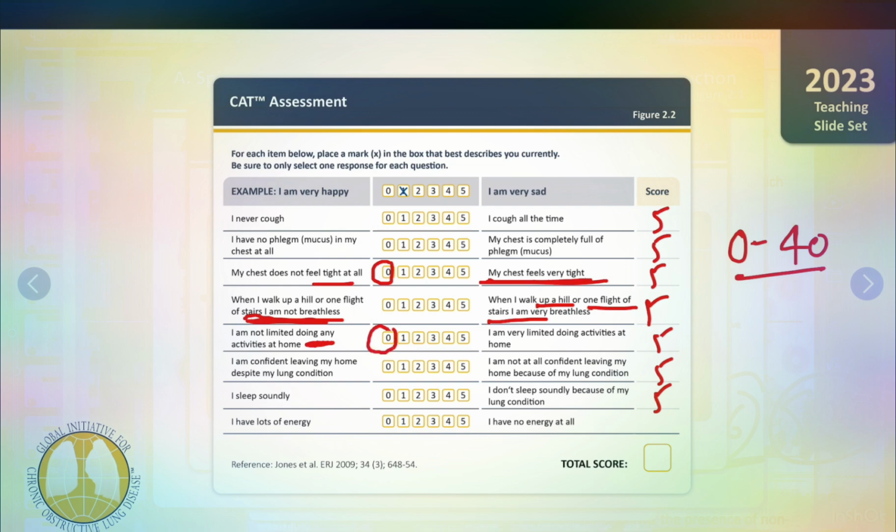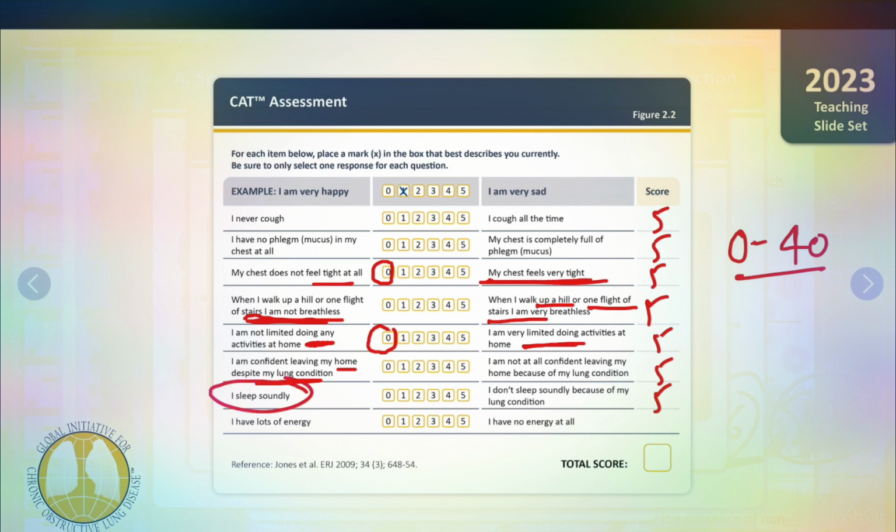If the patient is saying I am very limited doing activities at home, not able to do any activity at home, then we give it 5 score. Then comes: I am confident leaving my home despite my lung condition, then we give it 0 score. If he is saying I am not confident at all leaving my home, then we give it 5 score.